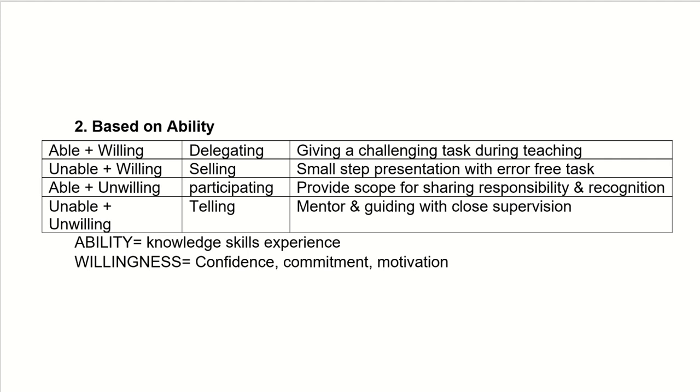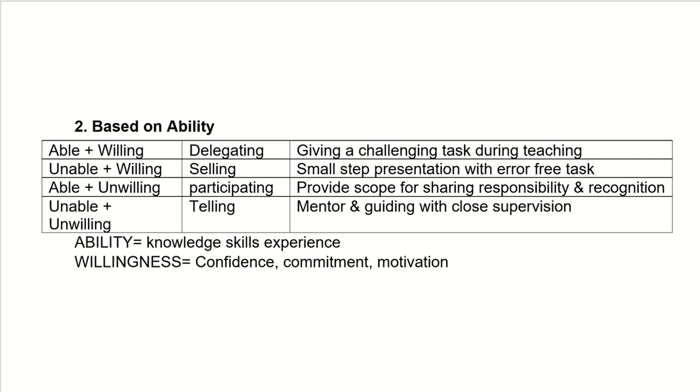What is ability again? We had seen aptitude. Aptitude was the ability to do something. What is ability now? Ability is the knowledge, skills, and experience. What is willingness?